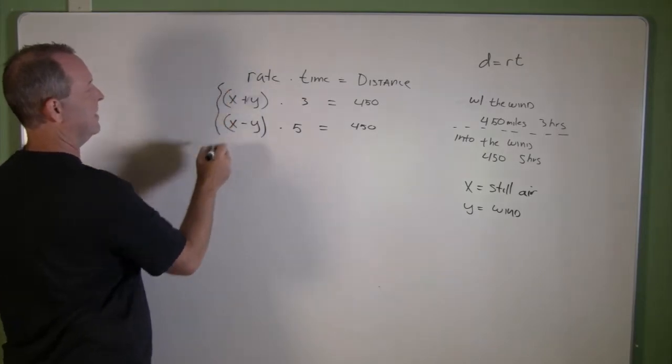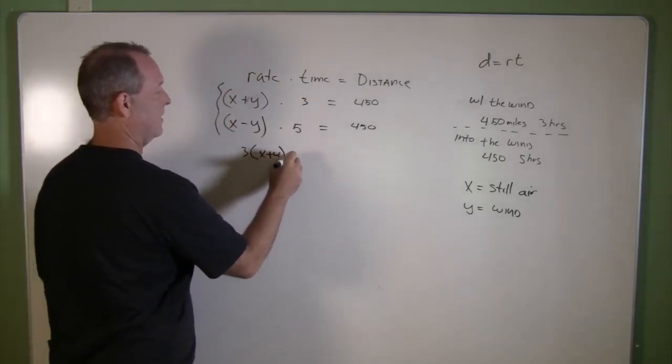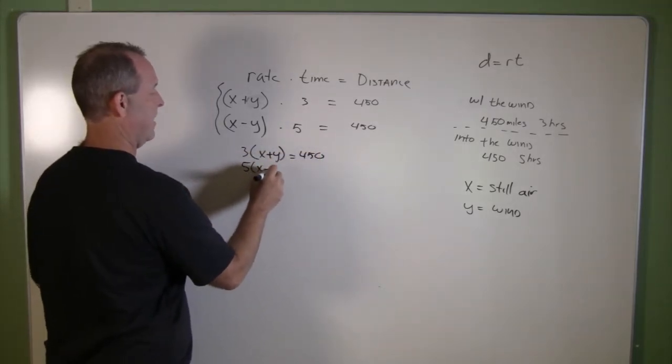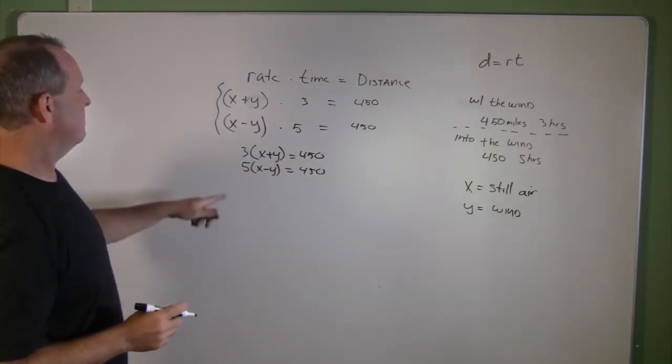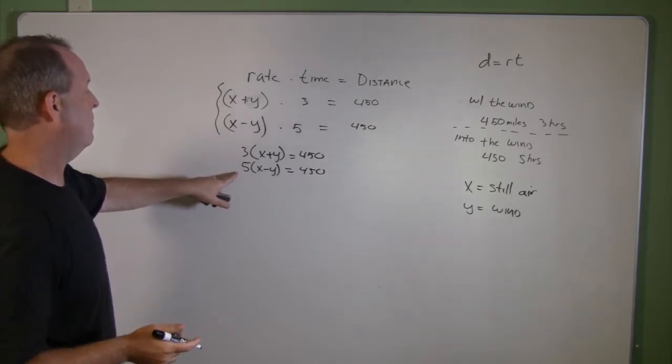This is basically a system now. So I have 3 times (x plus y) equals 450, and 5 times (x minus y) equals 450. Let's divide the top one through by 3 and divide the bottom one through by 5.